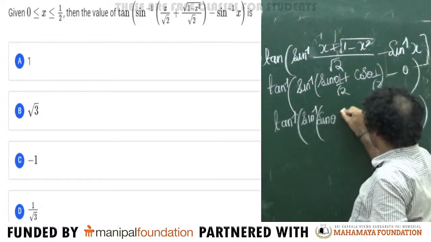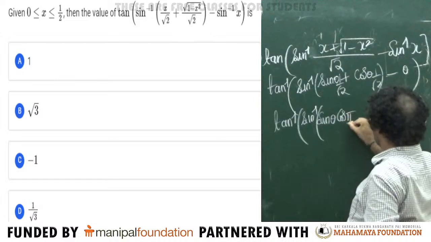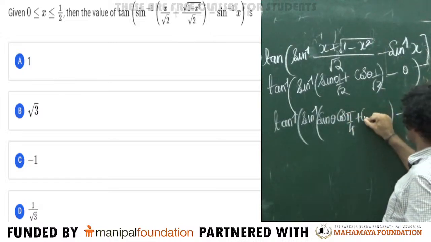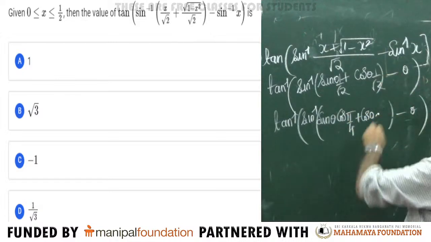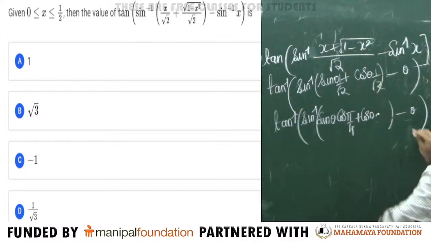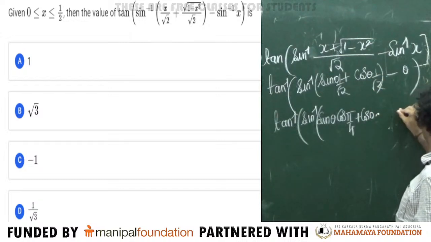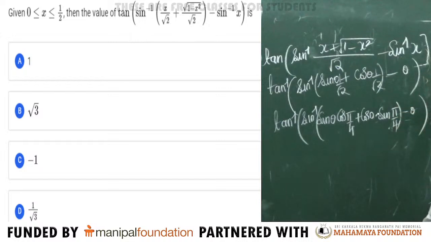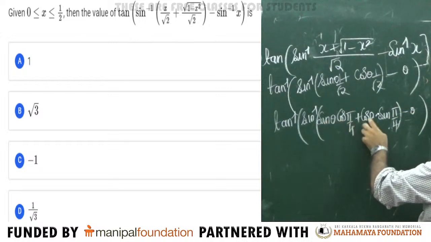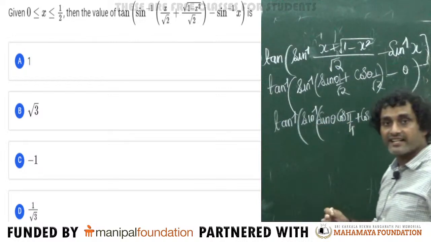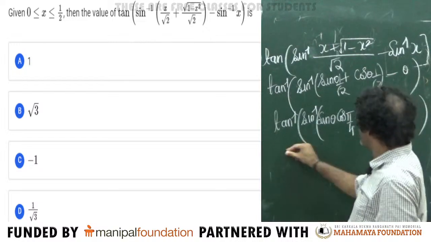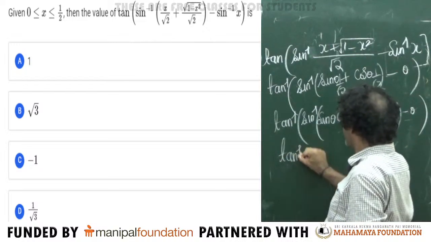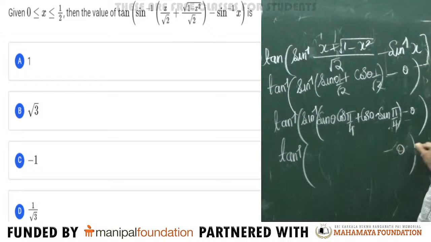Isn't it sine theta cos 45 plus cos theta, and sine 45 is also 1 by root 2? So can I write here sine 45? Correct? Isn't it sine A cos B plus cos A sine B? Isn't it the sine A plus B formula? So it will become tan inverse of this minus theta.